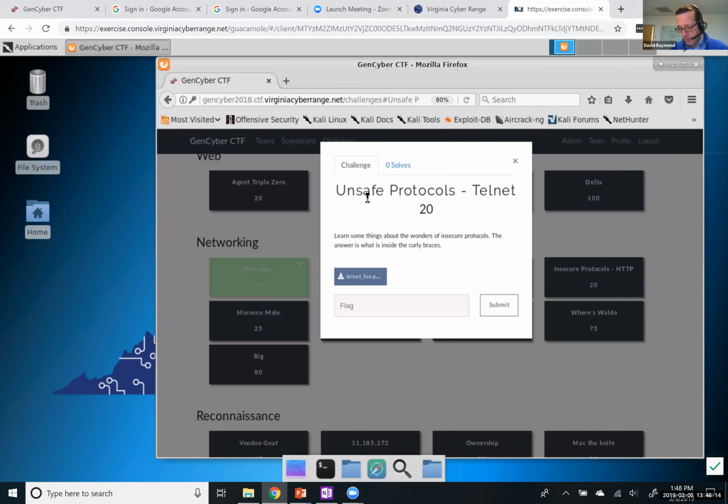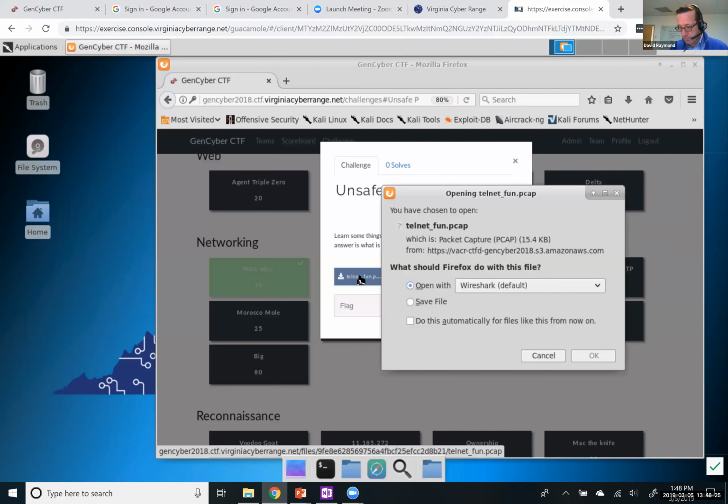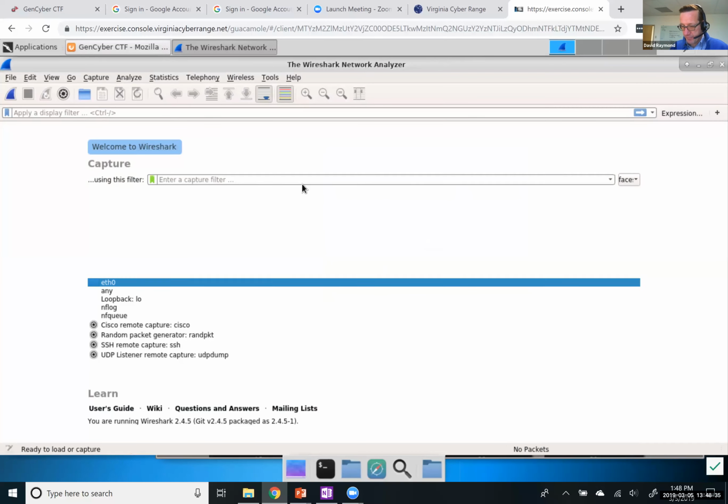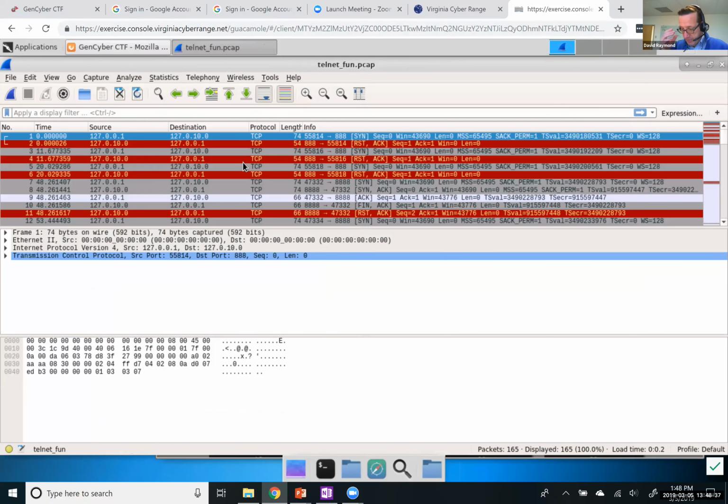Okay, so what I've got to find is a flag in this, looks like Telnet traffic. And the flag is inside curly braces, so it should be easy to identify.